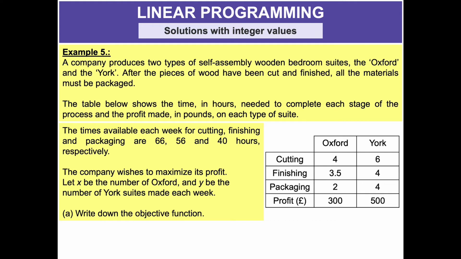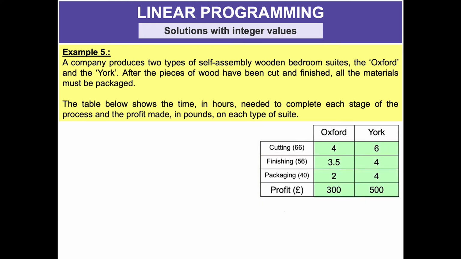The company wishes to maximize the profit, and the first thing you are asked to do is to write down the objective function. So if you carefully read the information and decode it, then you know that the objective function for the profit is 300x plus 500y that must be maximized.